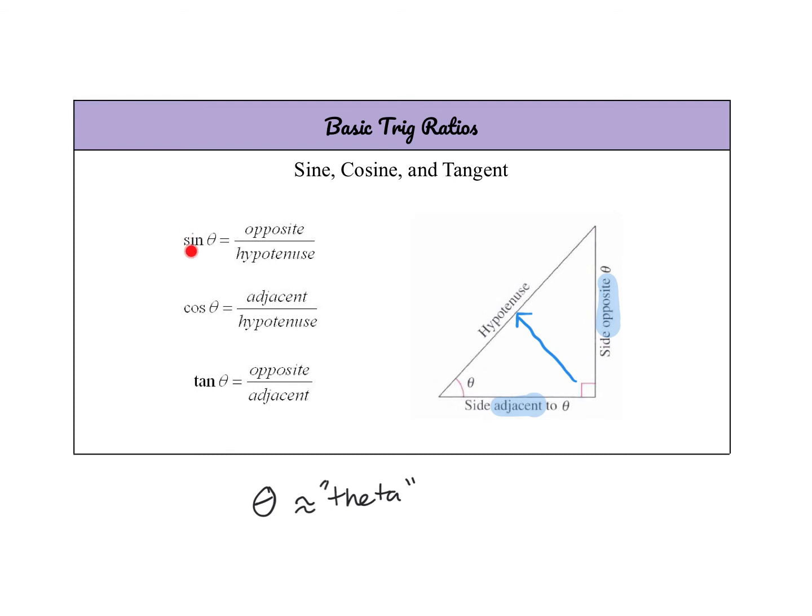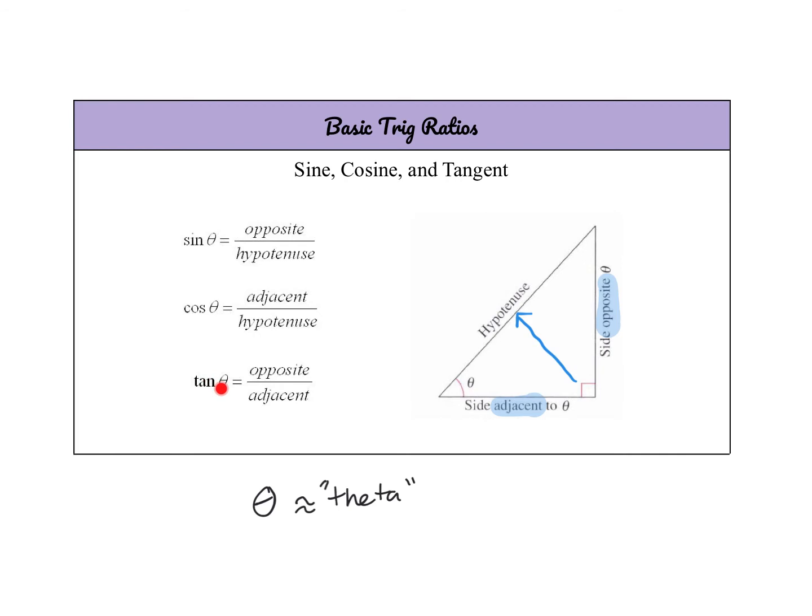So the 3 trig functions we're working with, again, are sine, cosine, and tangent. So by definition, sine of theta, so the sine of any angle within our right triangle, will be the ratio of the opposite side length over the hypotenuse. So it's opposite over hypotenuse. Cosine of theta will be the ratio of the adjacent side length over the hypotenuse.